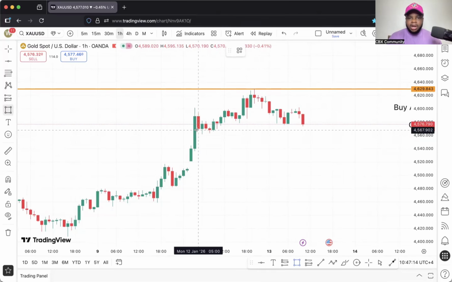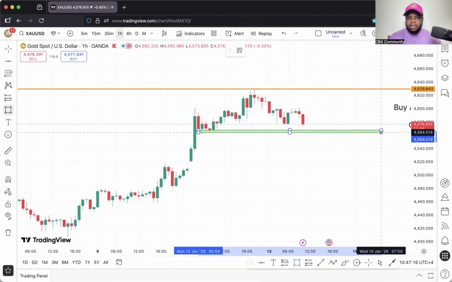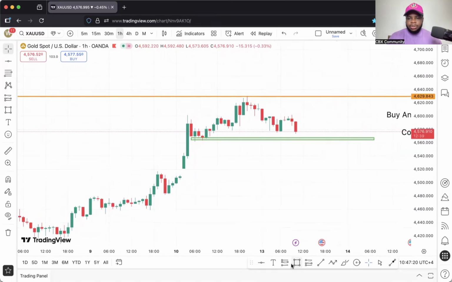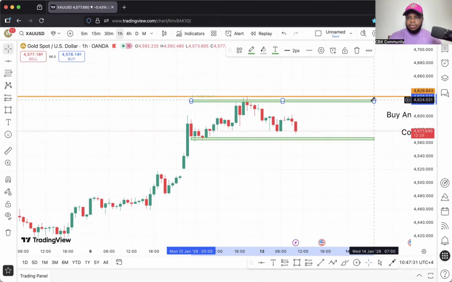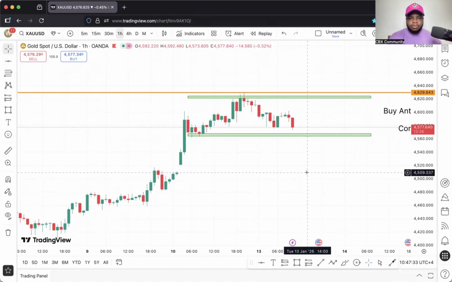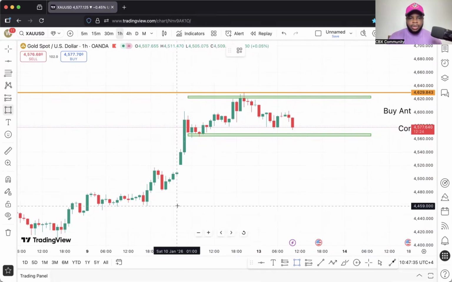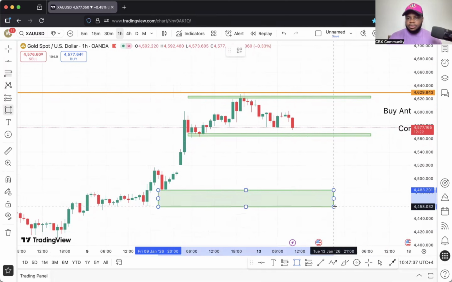So let's identify our support zone over here. We have a resistance zone over here. We have a support zone over here.